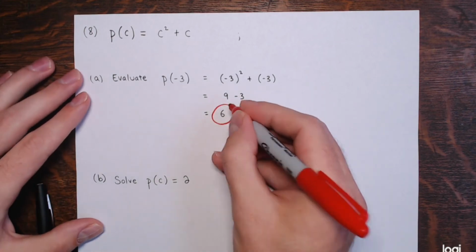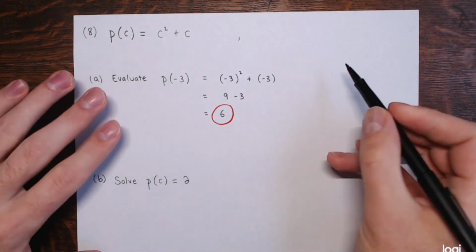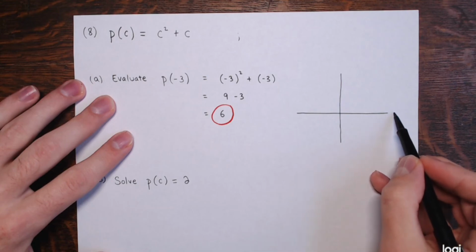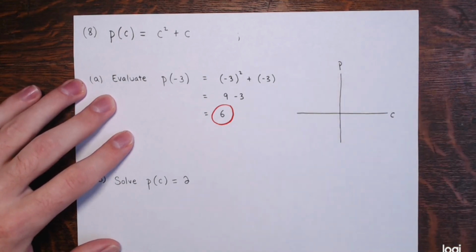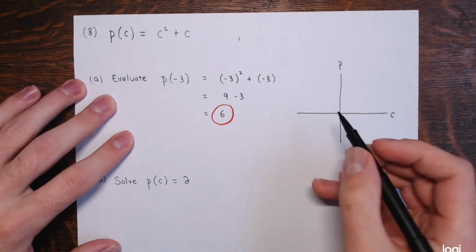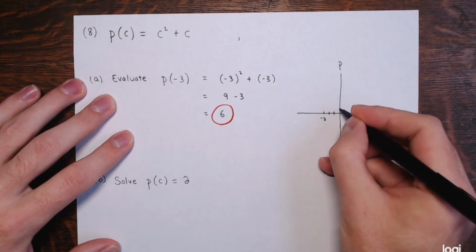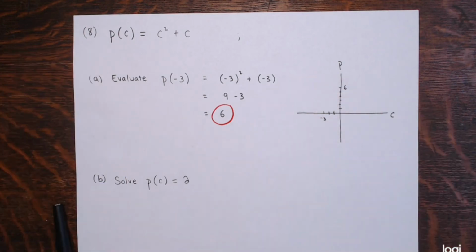And again, if you were to graph this function, the horizontal axis would be the c axis, the vertical axis would be the p axis, or p of c. Input -3, output 6. This point should be on this graph.